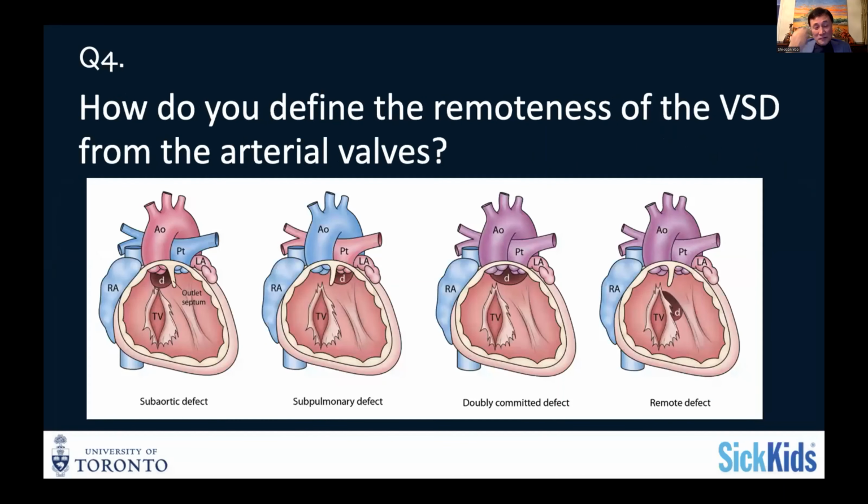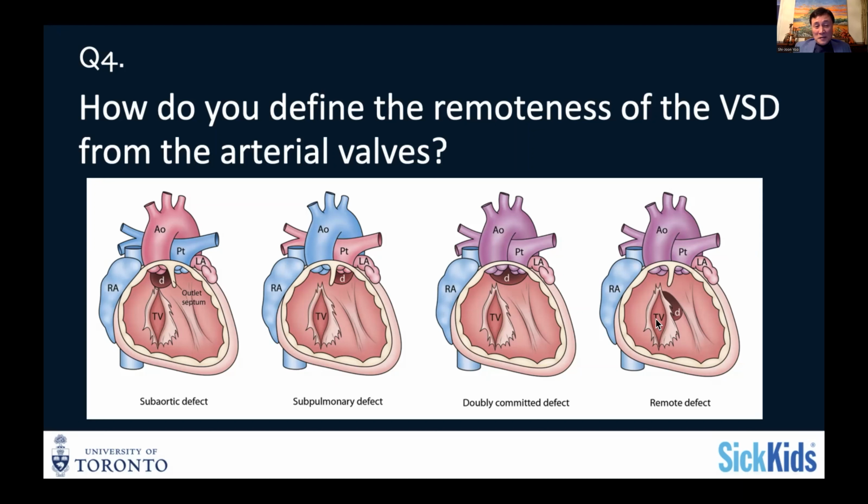So the fourth question is this. Looking at double outlet right ventricle worldwide, we describe DORV with subaortic VSD, DORV with subpulmonary VSD, DORV with doubly committed VSD, and DORV with remote VSD.